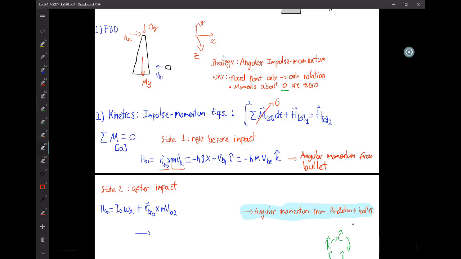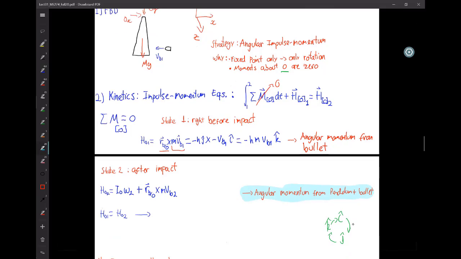The good thing is that we know that angular momentum is conserved, so we can use this to calculate what's going on. So initially we have this angular momentum in the system, h, m v b1, bullet's velocity or bullet speed. And now this is going to be equal to this term here plus, I forgot m here, sorry, plus the momentum of the particle, which is still the same, right?